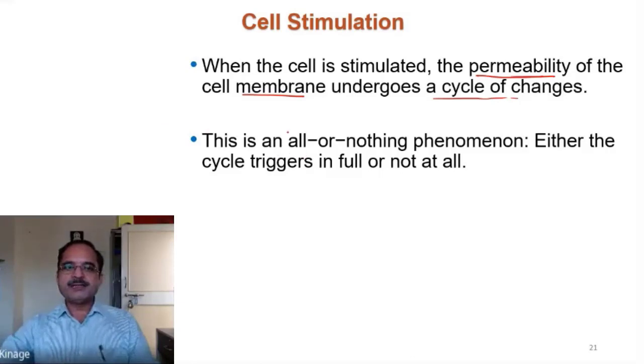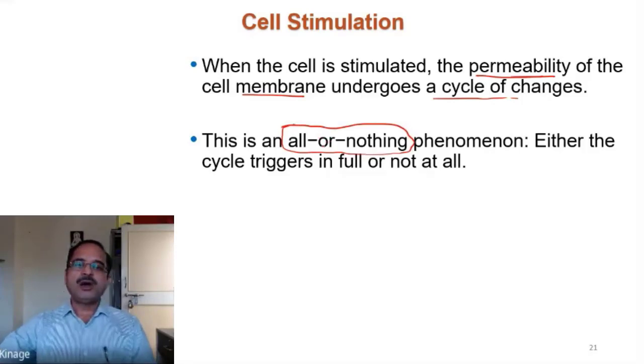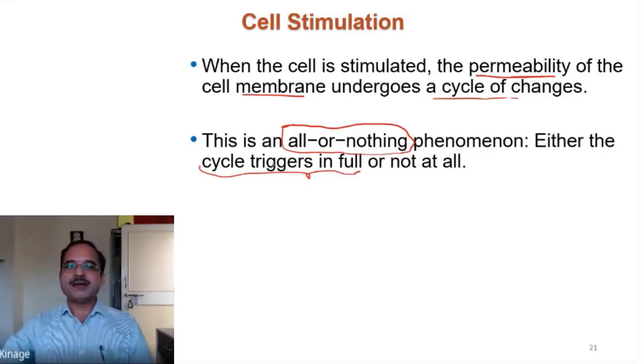And this is an all or nothing phenomenon. That means if it is triggered, the complete cycle will take place or nothing will happen. Either the cycle triggers in full or nothing happens. That's why it is called the all or nothing phenomenon.